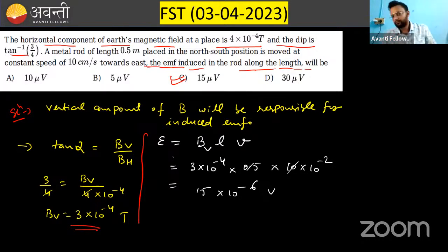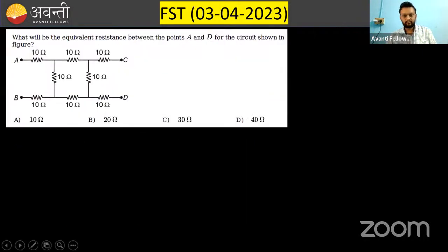Okay. Move further. There is another question. What will be the equivalent resistance between A and D for the circuit shown in figure? Have you solved this, or should I explain this question to you as well?